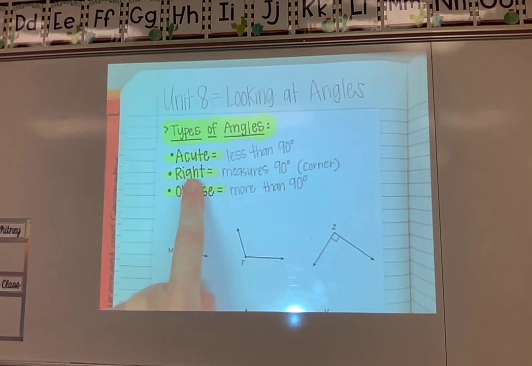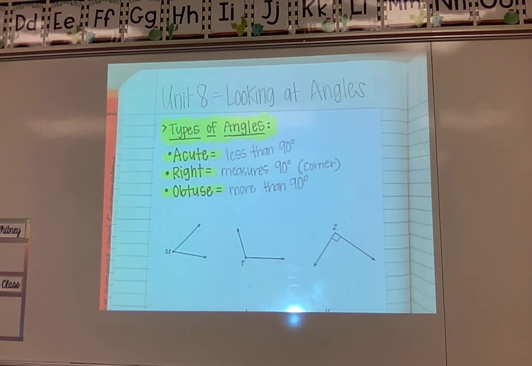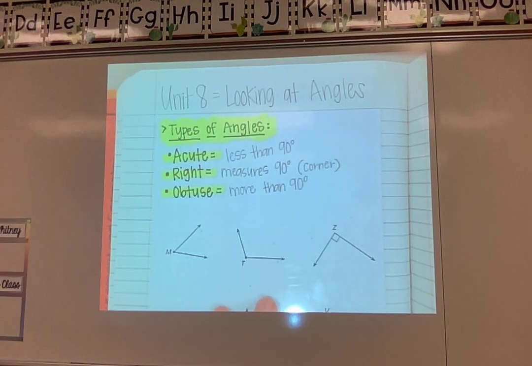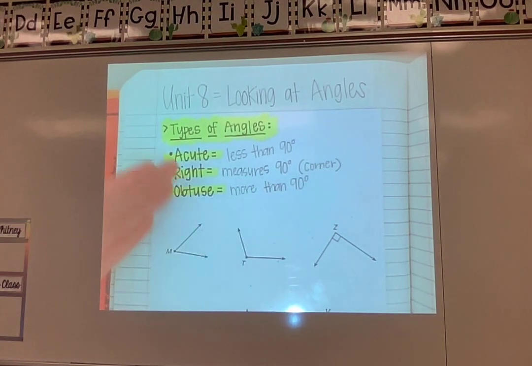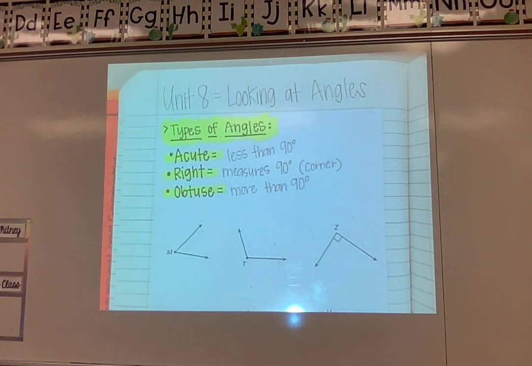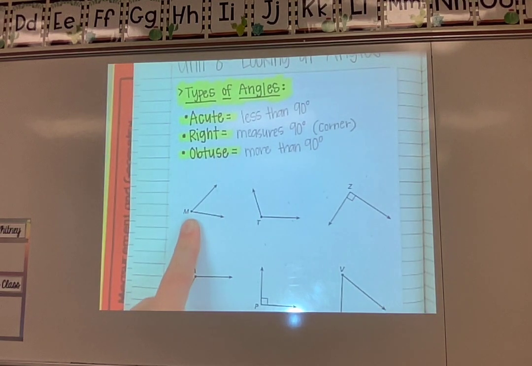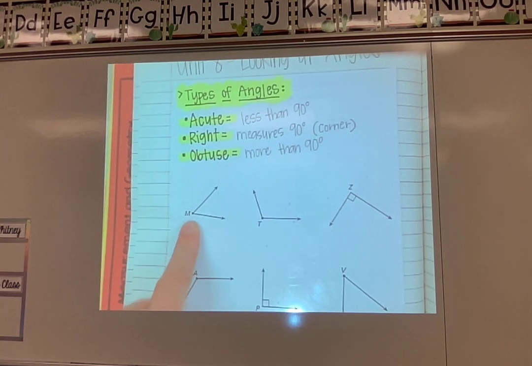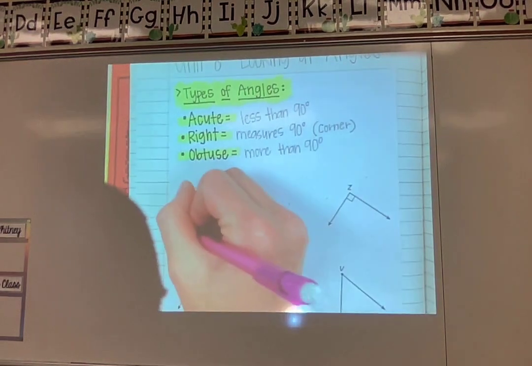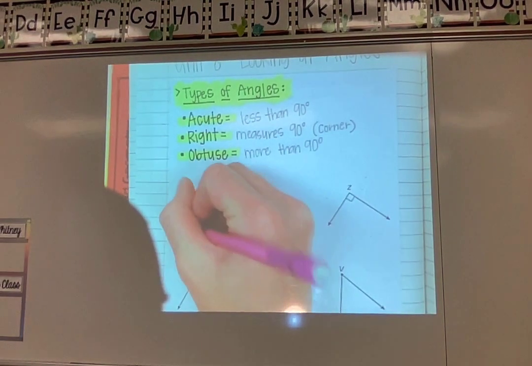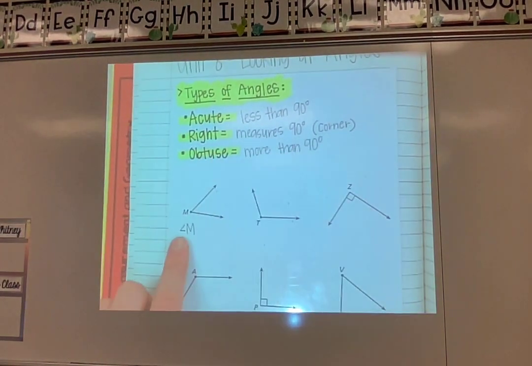What we have to be able to do with those 3 types of angles is look at any angle and label it as either acute, right, or obtuse. We have to know which category it fits into. So let's start here with this first angle. First, we're going to name the angle so that other people know what we're talking about. And we do that by its letter. So this is angle M, and we just make a little alligator mouth and then an M. This symbol stands for angle.